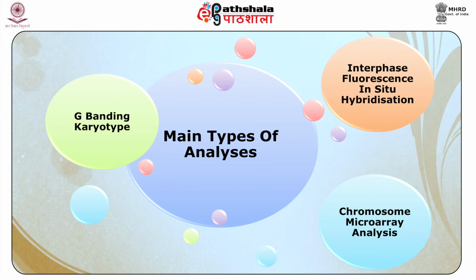Examples of the main types of analysis performed in the laboratory are G-banding karyotype analysis, interphase fluorescence in situ hybridization, and chromosome microarray analysis.